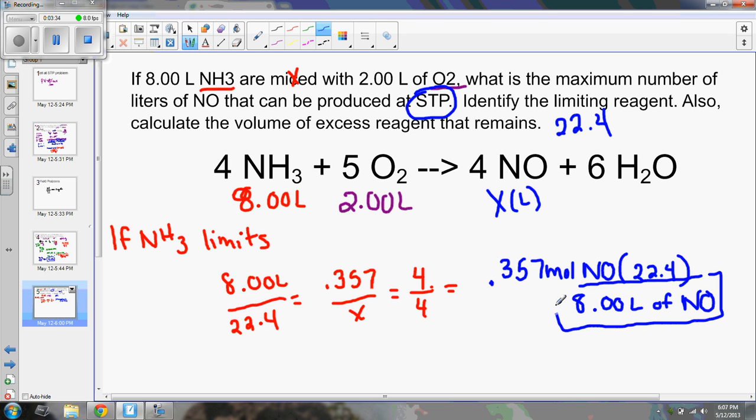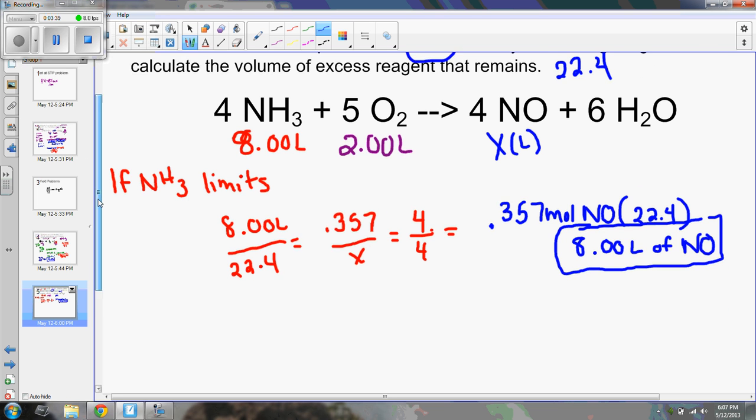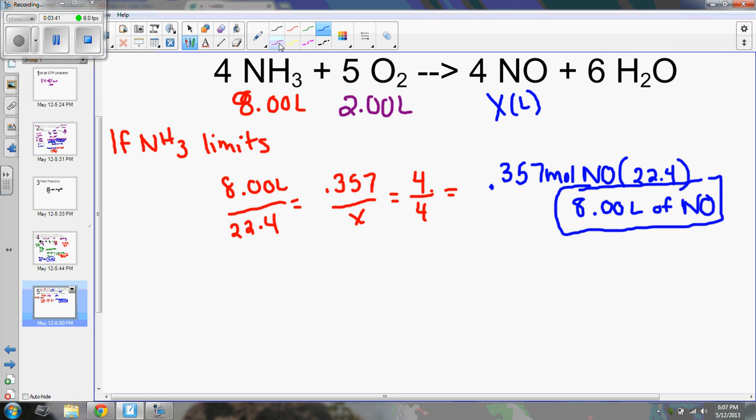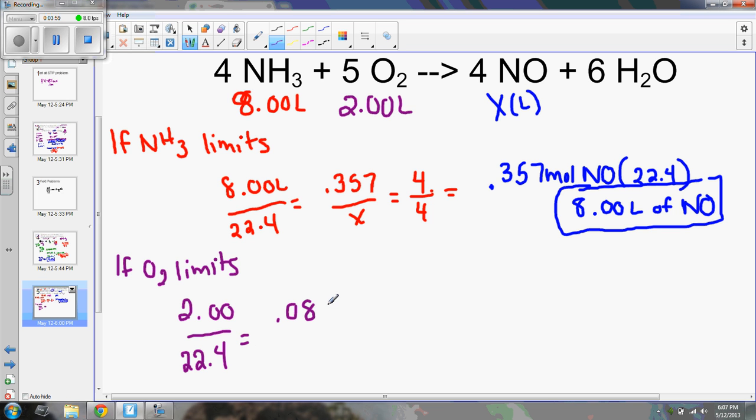Now I need to go back and do another problem for my second reactant. So this is if O2 limits, and I do exactly the same thing. 2.00 liters divided by 22.4 is going to equal 0.0893 mole.